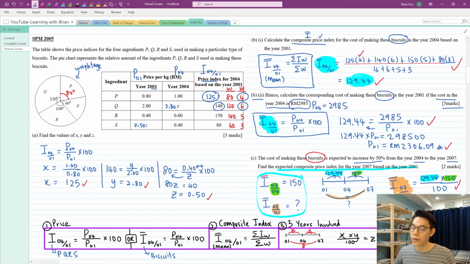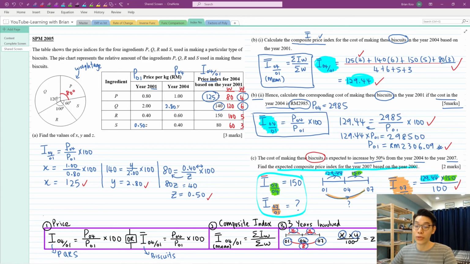And then we also have the formula number 2, which is for your composite index or finding the mean. We use this when you have all of your I's and the weightage. Then lastly, if there are 3 years involved, like year 2001, year 2004, year 2007, we know that it is the index for the 2 smaller years times together, divide by 100 equals the index for the longest one. Correct? So the short ones times together over 100 equals the long one.